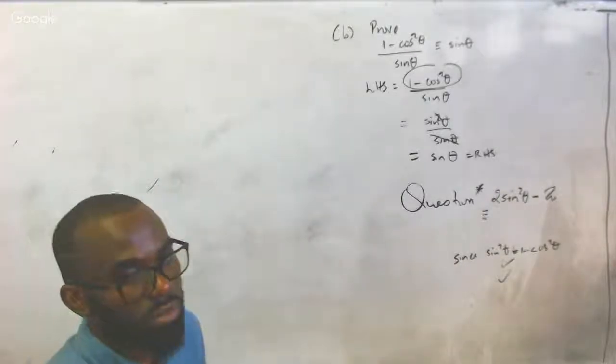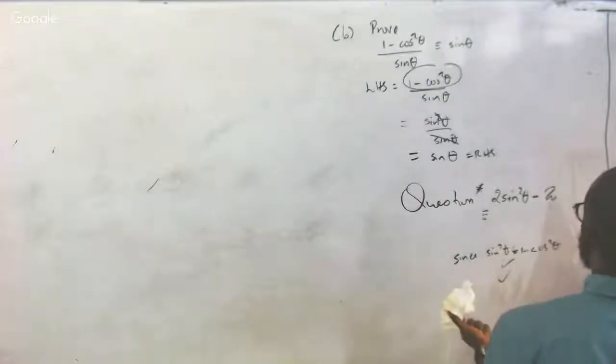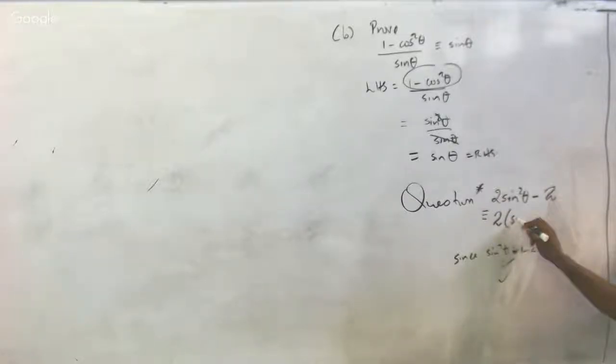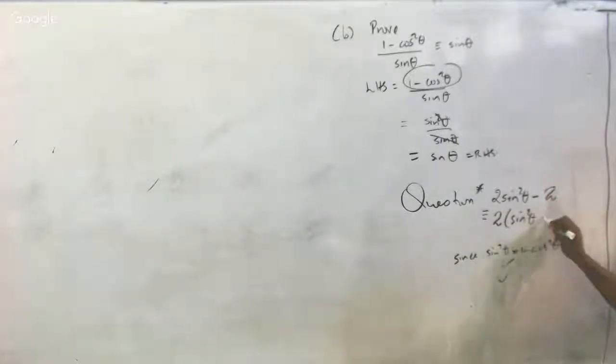So 2 sine squared theta minus sine squared theta minus 1. So you have said plus 1. 2 into sine squared theta minus 1, and then inside the bracket.